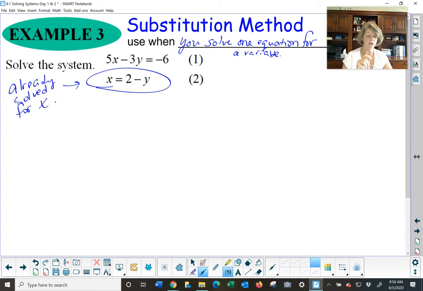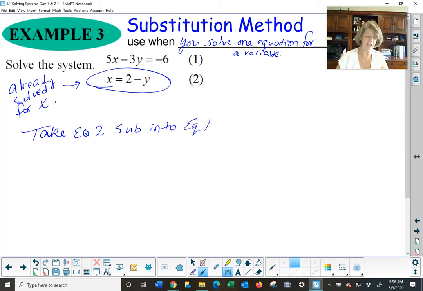Let's use that. So I'm going to take equation 2 and sub it into equation 1. Now, it's not always going to be equation 2 that subs into equation 1, just for this particular example. All right, let's give it a shot.